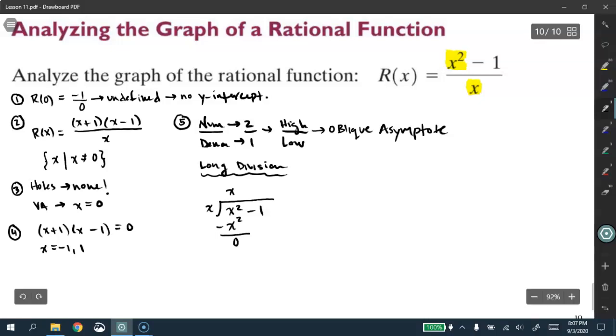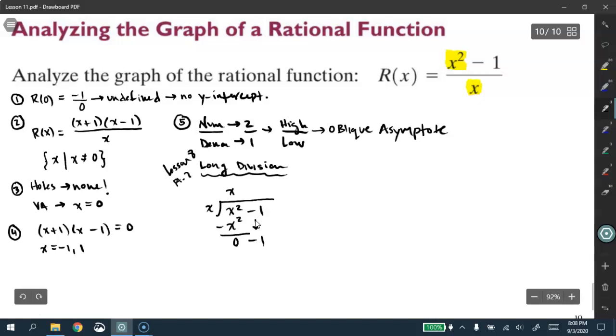Now the negative 1 comes down. I forgot that step right there. Once the negative 1 comes down, 0 minus 1 gives you negative 1, and we know that x cannot go into negative 1. If you don't understand this step, then review long division from lesson number 8, the video for that, part 2.